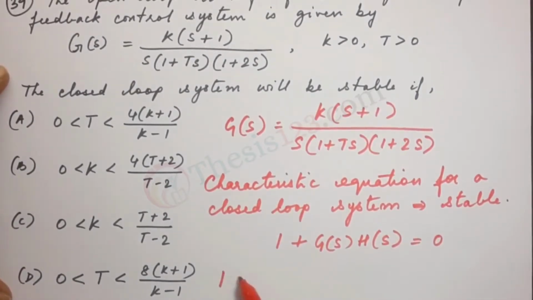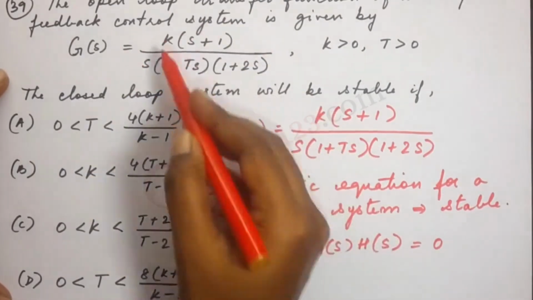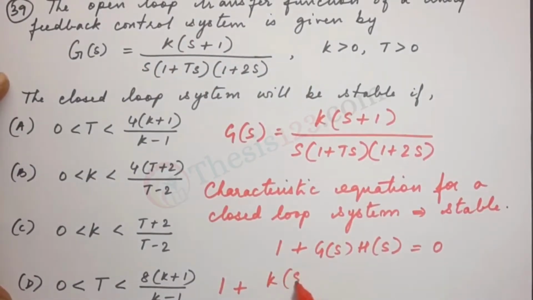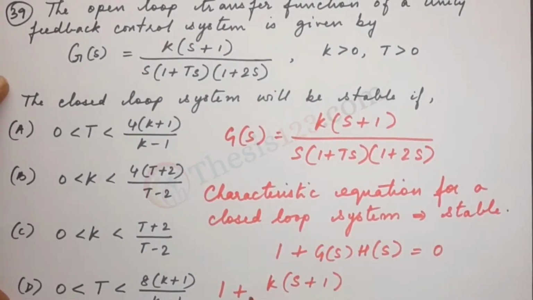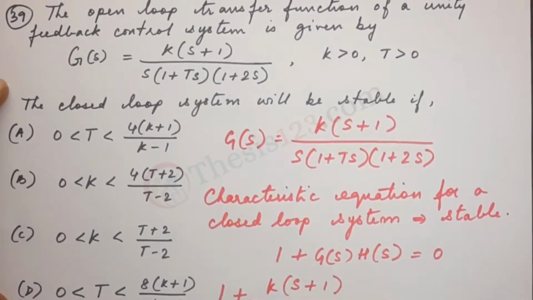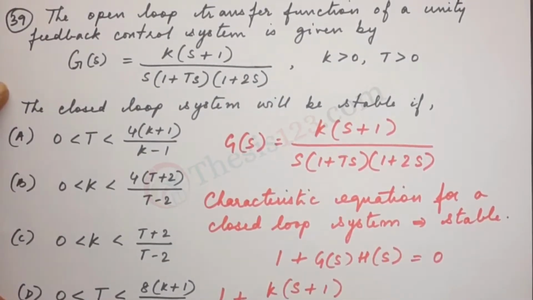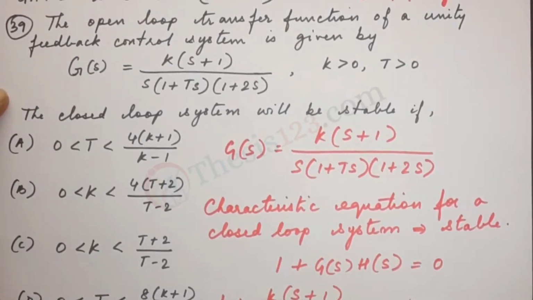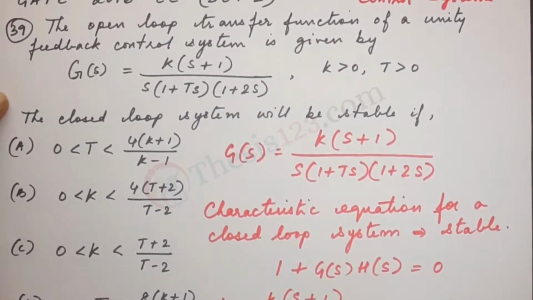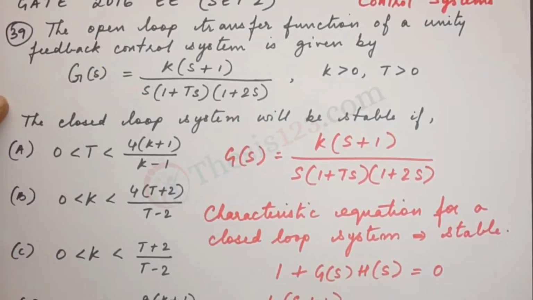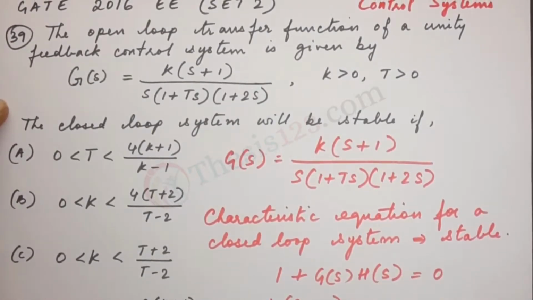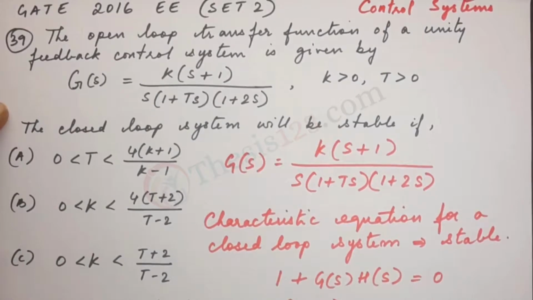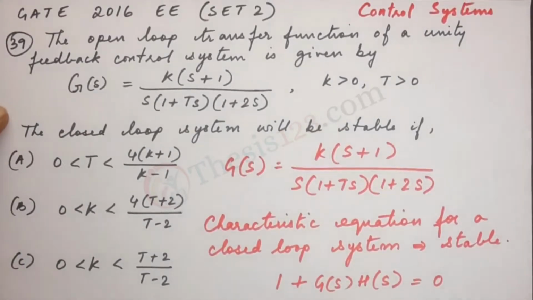Now let's substitute. We have 1 plus g of s, the system given here, k into s plus 1 divided by s into 1 plus ts, 1 plus 2s, into 1 is equal to 0. 1 plus g of s into h of s is equal to 0. So now let's simplify.